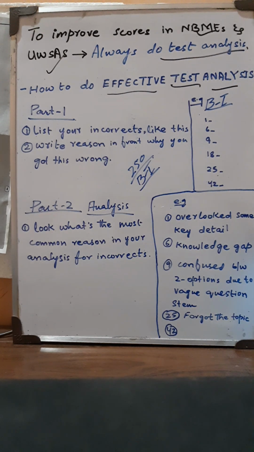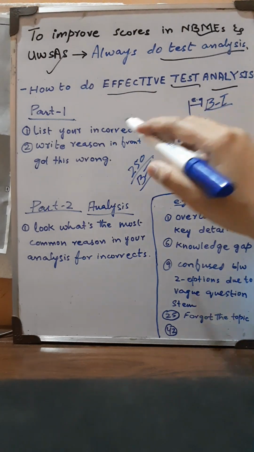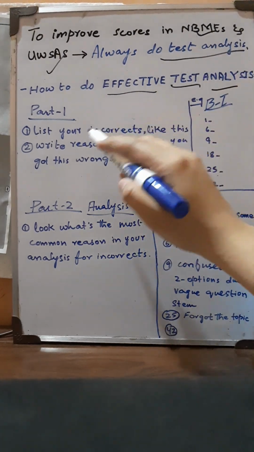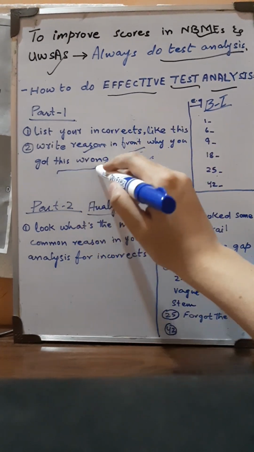Now what I'll be doing consists of 2 parts. The first part is listing our incorrects in this way. The second part is to write the reason in front of each one for why you got the question wrong.